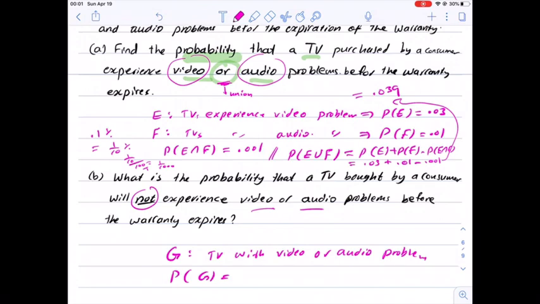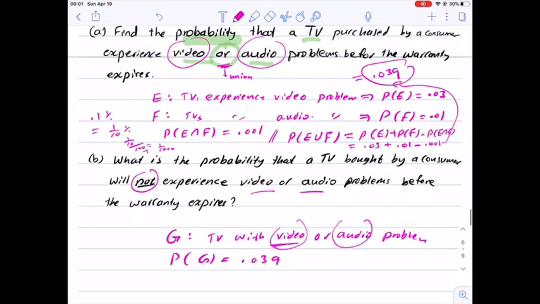The probability of this was found from the last part, from part A, video problem or audio problem. That gives the probability of that is 0.039.